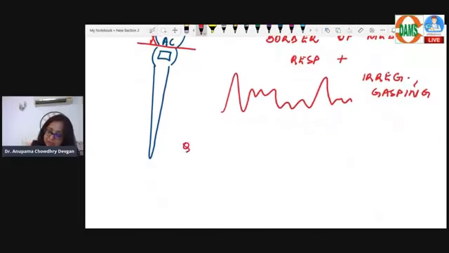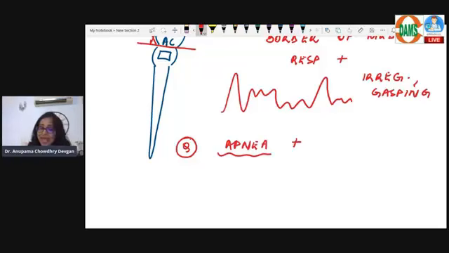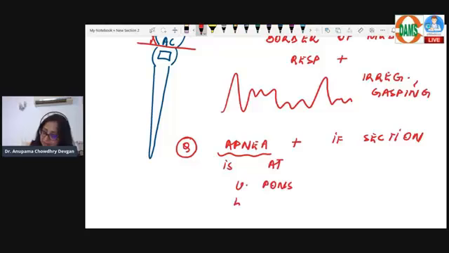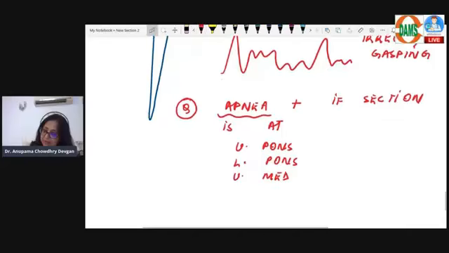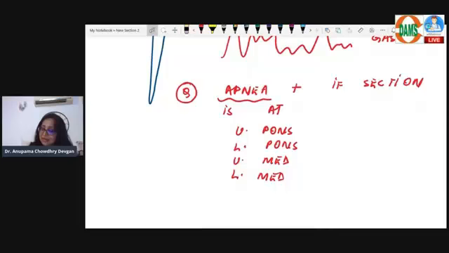Now, another question. Apnea will be seen if the section is at upper pons, lower pons, upper medulla, lower medulla. So apnea will be seen if the section is at the lower medulla.